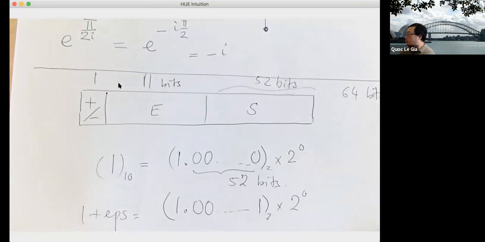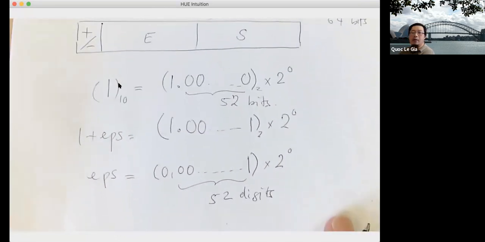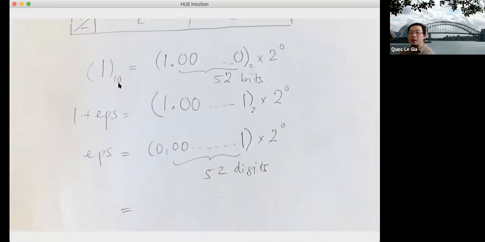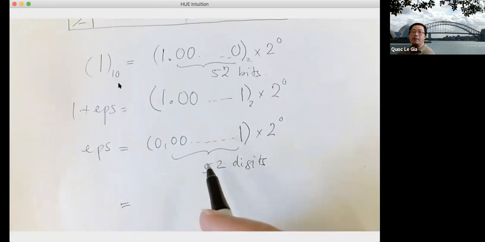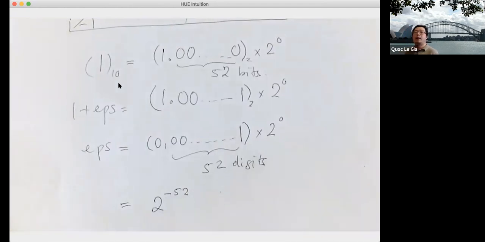So this one is 52 digits, okay? And if you write it in decimal, that is 2 to the minus 52. So it's just the gap between 1 and the next machine number in the floating point system.